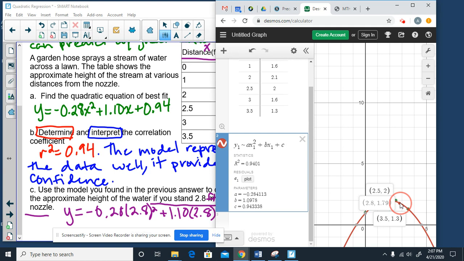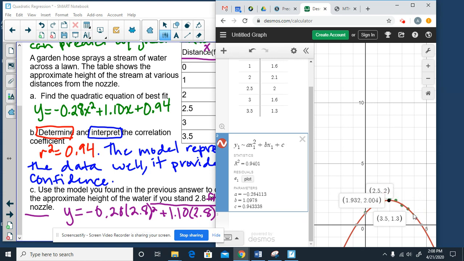In some of your assignment, you're going to be asked to find an input for an output. So if we were asked to determine what is the distance away from the nozzle when the stream hits a height of 4 feet, we would go ahead and find, well, in this case, I guess we don't have a height of 4, do we?